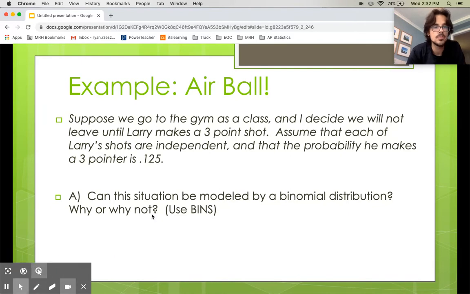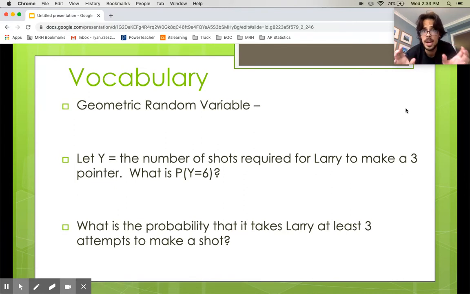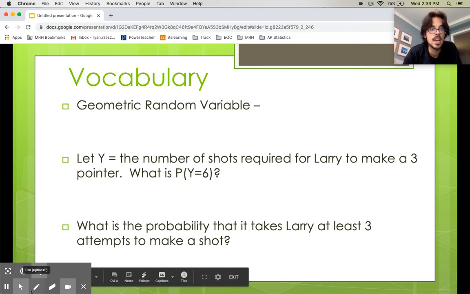So let's actually define this scenario right here. You have to be able to understand the difference between a binomial and a geometric. Binomial counts the number of successes. How many shots am I going to make out of a set number? Out of 20 shots, how many will I make? That would be binomial. Geometric doesn't count the number of successes anymore, though. What a geometric does is it counts the number of trials.